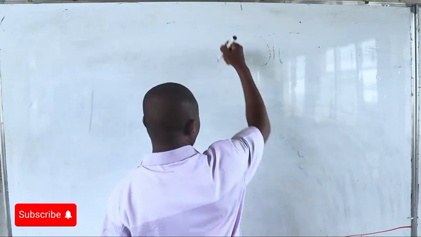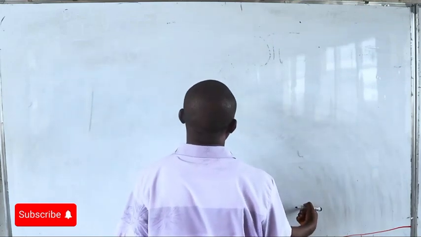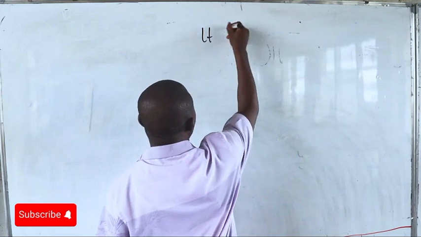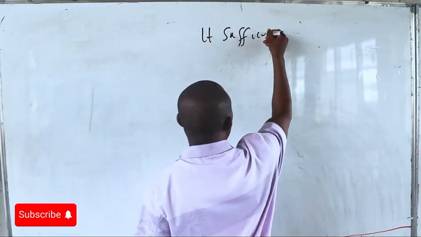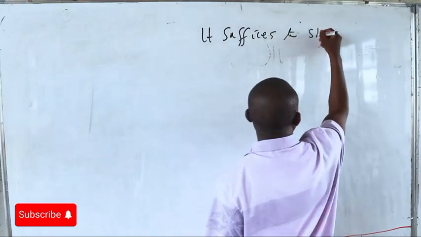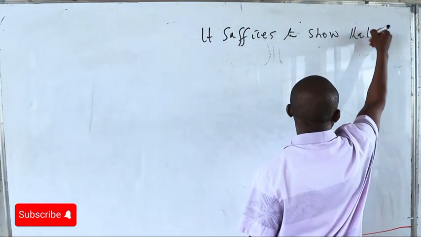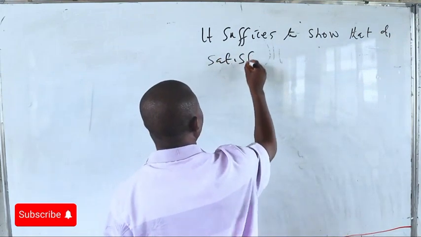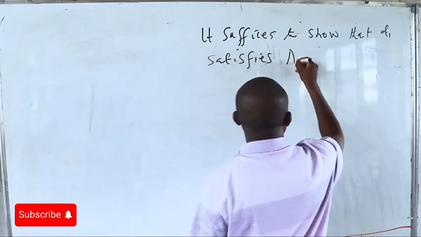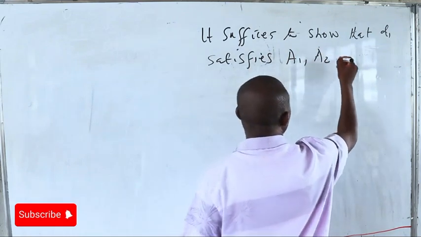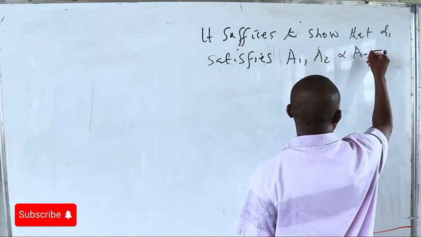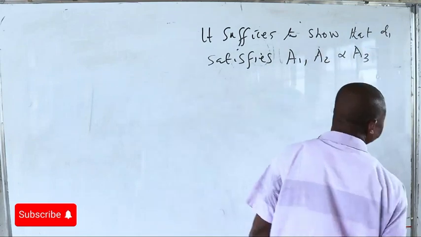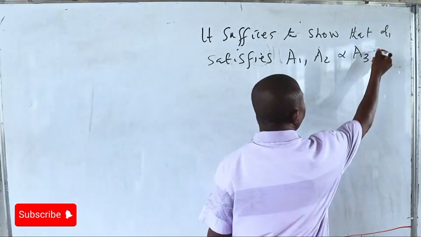And we want to prove that D1 is a metric on X. So it suffices to show that D1 satisfies A1, A2, and A3 in the definition of a metric we gave in the previous video.